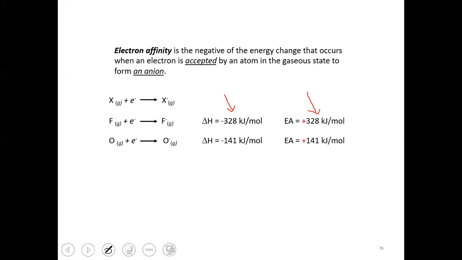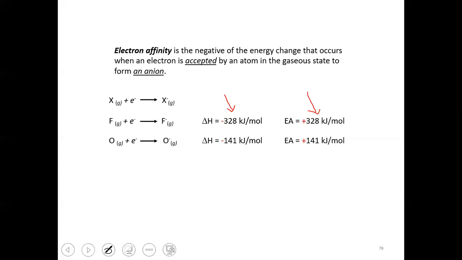All right. Here's the thing, guys. Electron affinities per se are not present in as strong a trend. In other words, the trends in electron affinities between groups and periods in the periodic table are not as tight. They're not as well defined as they were before for the atomic sizes and for the ionization energies.